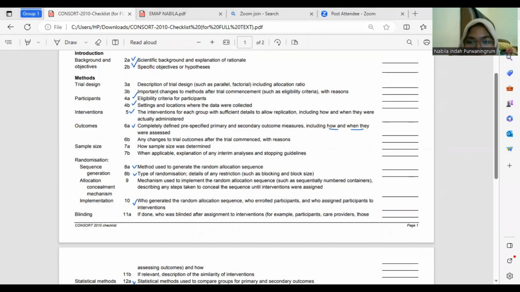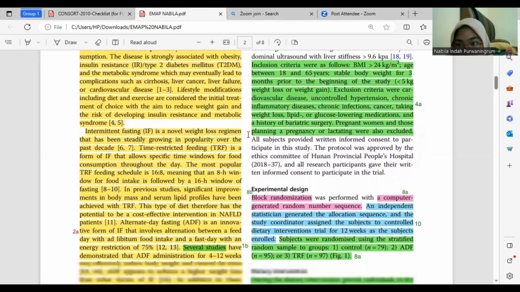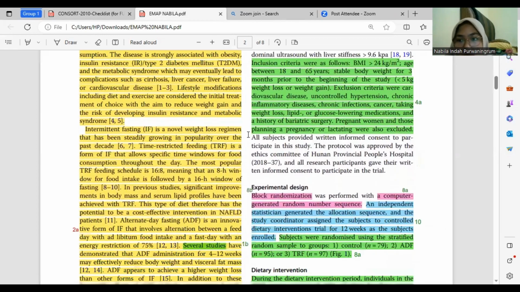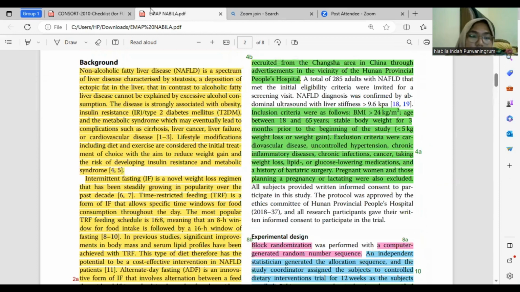For that item, unfortunately, we don't have it, because it needs to say whether it is a parallel, multi-arm, crossover, cluster, or factorial design, but in this article there are no specific words naming those designs.